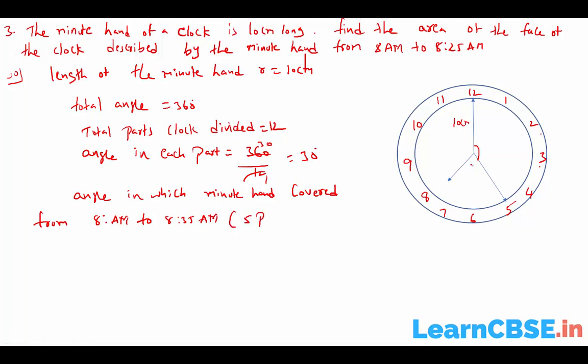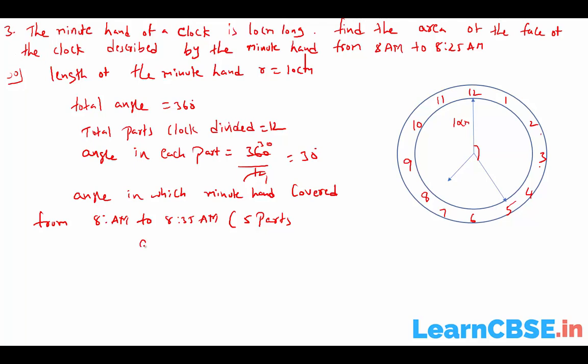So 1 part, 2 parts, 3, 4, 5 parts. Therefore angle x equals 5 into 30, that means 150 degrees. So 150 degrees.